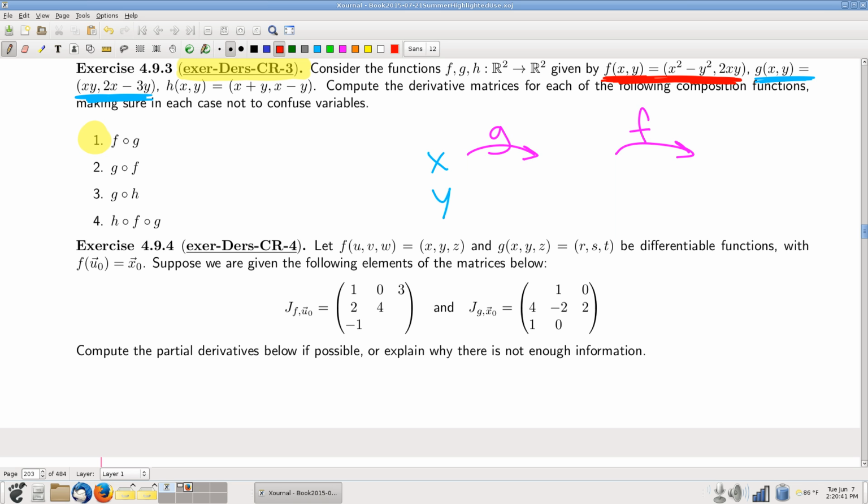It doesn't really matter. I'll use U and V, no particular reason. Okay, is everybody good so far on why I have to rename? All right, so now let me explicitly rewrite what that function is. F, I guess I'll do it in red here. So F of U, V is U squared minus V squared, and then 2UV.